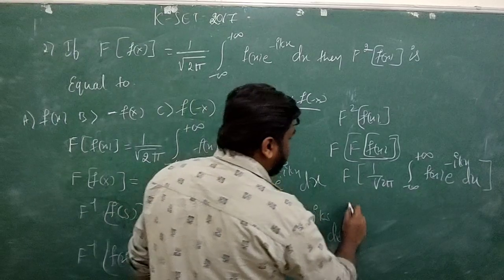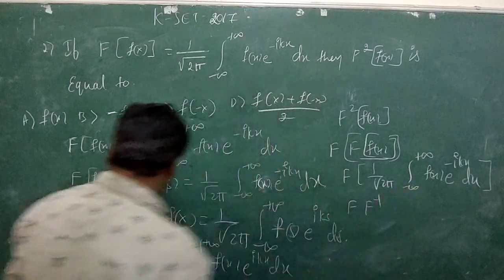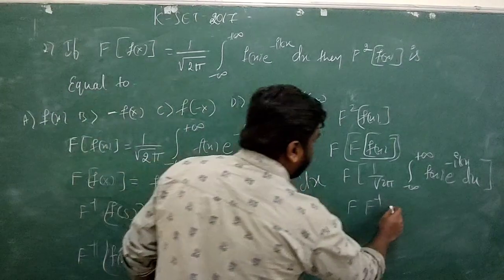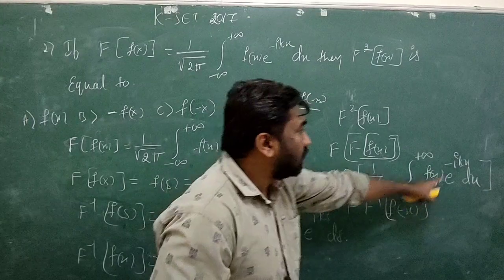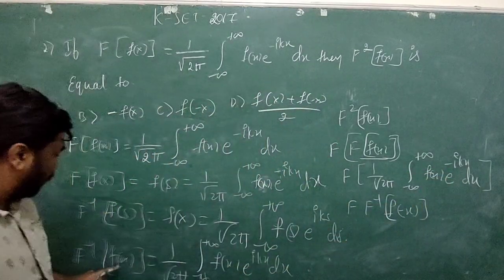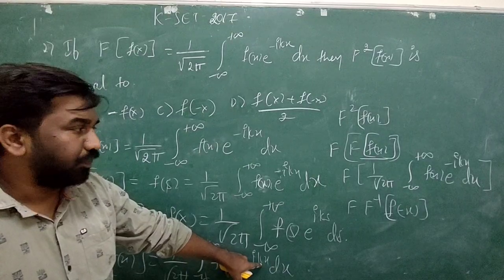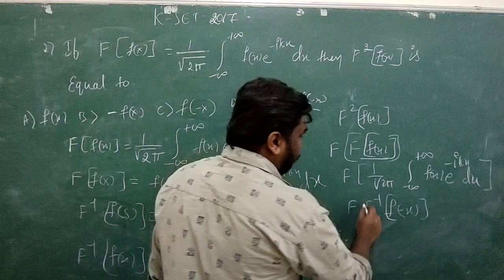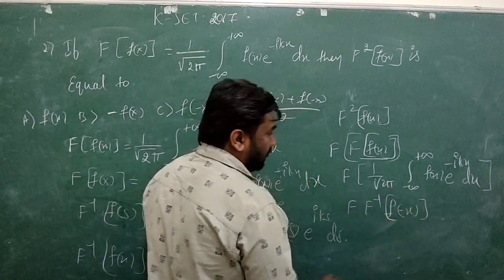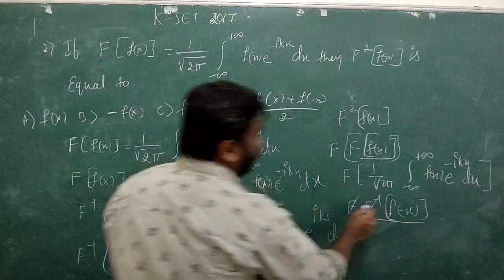Therefore we can write this as F inverse of F of minus x, because for F inverse of F of x, plus ikx has to come, but here minus ikx is there. So this is f of minus x, therefore F inverse and F cancel, so the answer is f of minus x.